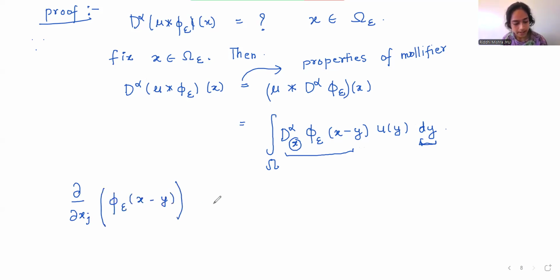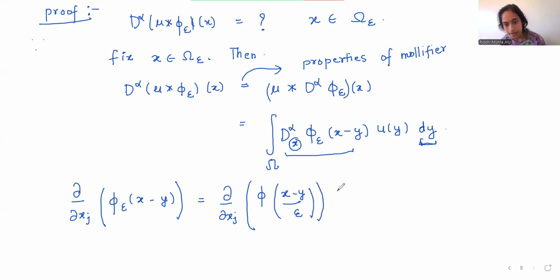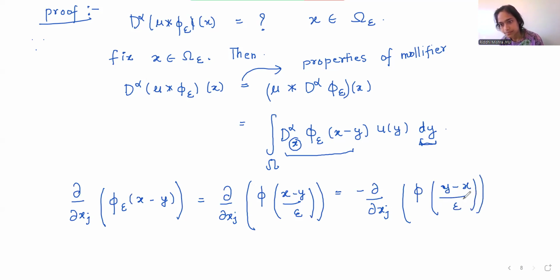So first observe this. By definition, this is the derivative with respect to x of phi epsilon. Now I can write this as phi(y minus x); I change the order, so minus will come here. And now I will change the dummy variables. So this I can write as the derivative with respect to y_j of phi(x minus y).